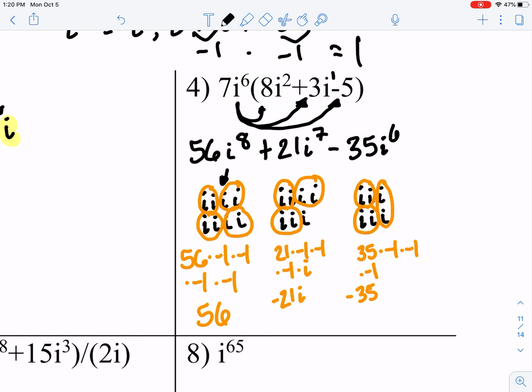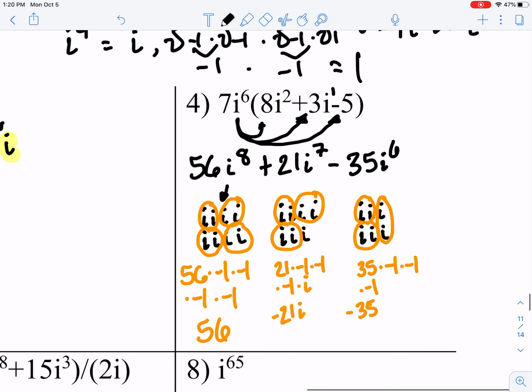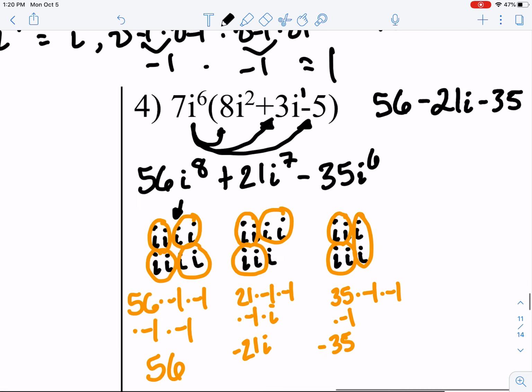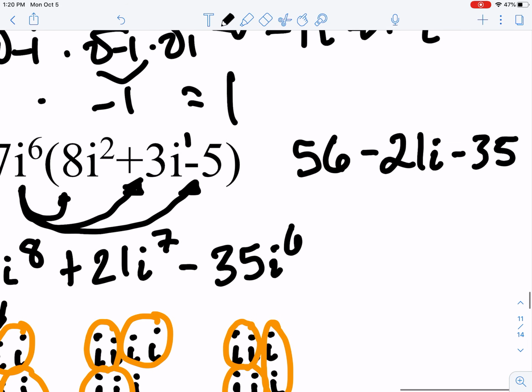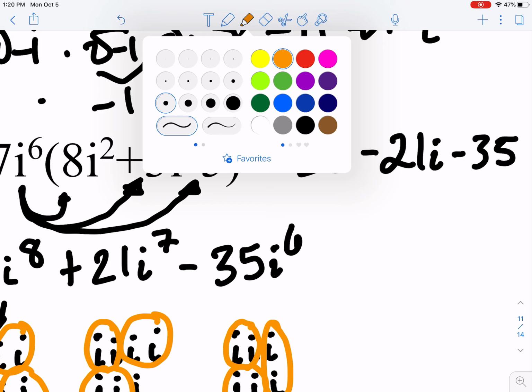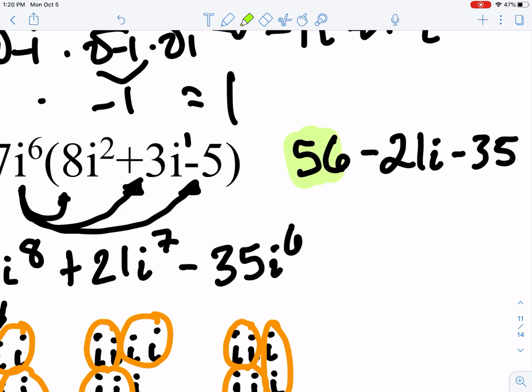From here, I have 56 minus 21i minus 35. Still combine like terms, which my like terms for this are going to be the 56 minus 35.